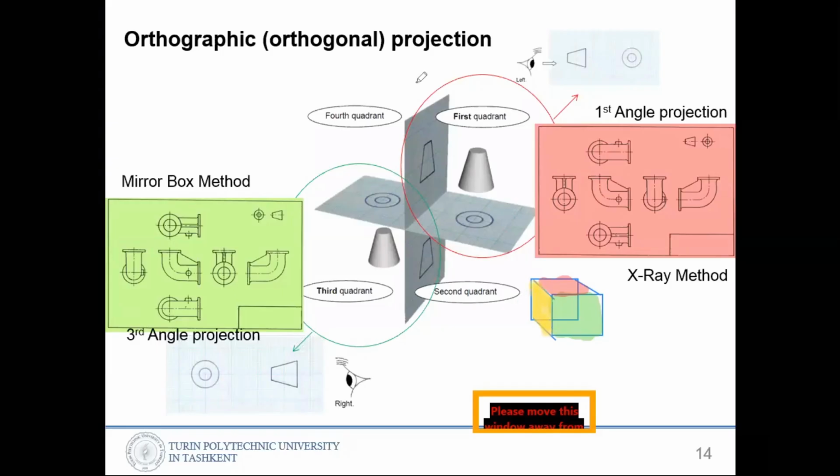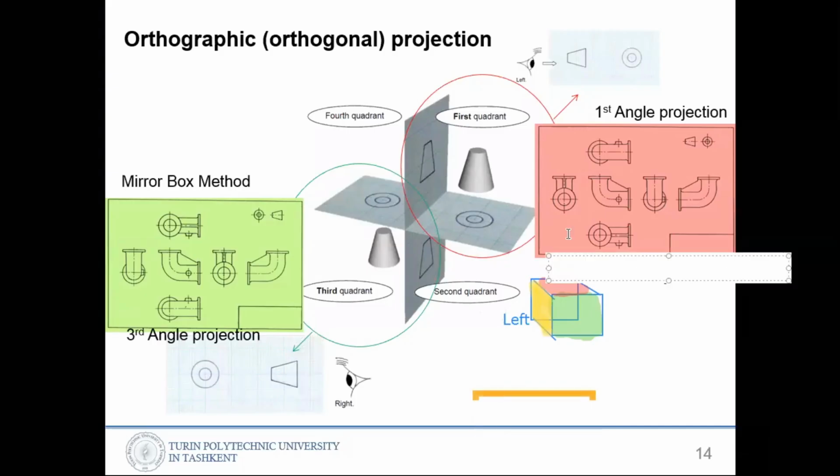So then, what's the left hand side? What's the left of the part? The left is this. This side is left. The yellow side is the left side of the part. And the red part is the top side of the part.